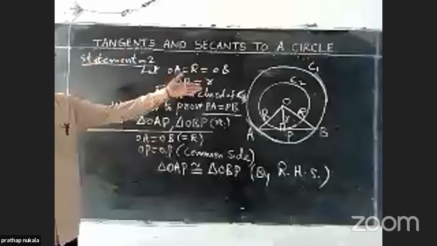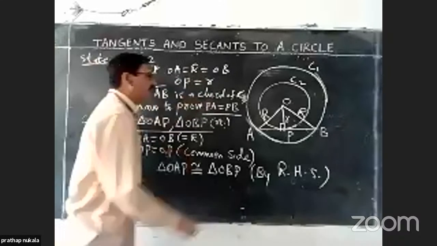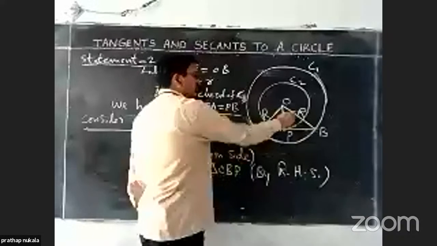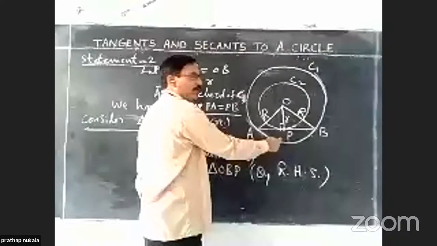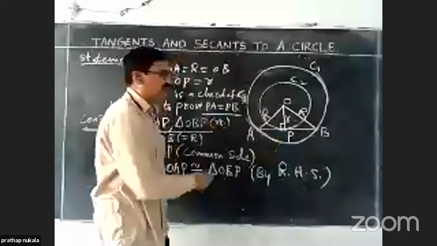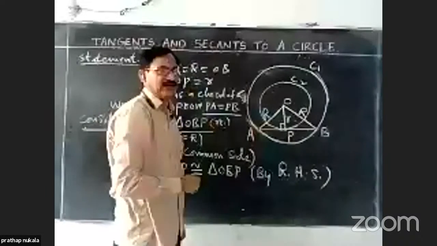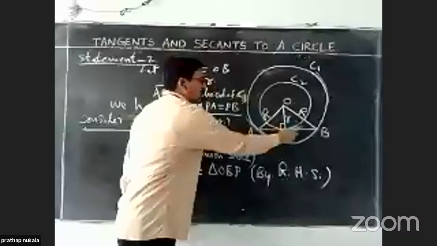Then we can apply CPCT: corresponding parts of congruent triangles are equal. What are the corresponding parts? Already OA equals OB, the two hypotenuses are equal, and OP equals OP, the common side. For the remaining sides, PA is the third side of one triangle and PB is the third side of the other. These two are the corresponding sides.